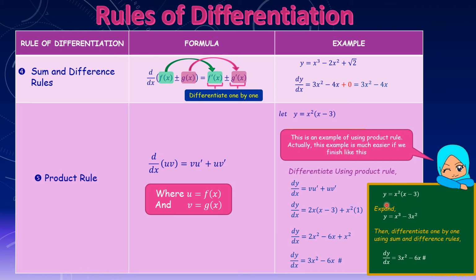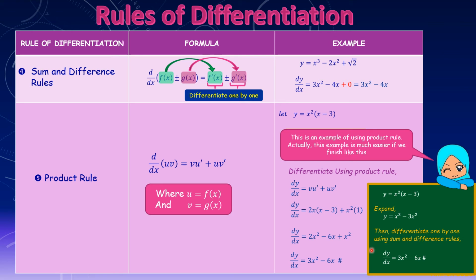So we have x squared times x, which is x cubed, and x squared times negative 3, so we have minus 3x squared. Then we just differentiate one by one using sum and difference rule because the sign between the two functions is minus. So we differentiate x cubed, the answer is 3x squared, and we differentiate 3x squared, the answer is 6x.